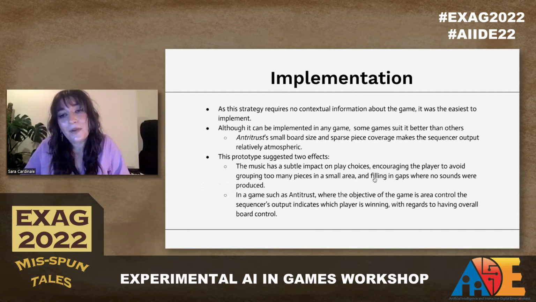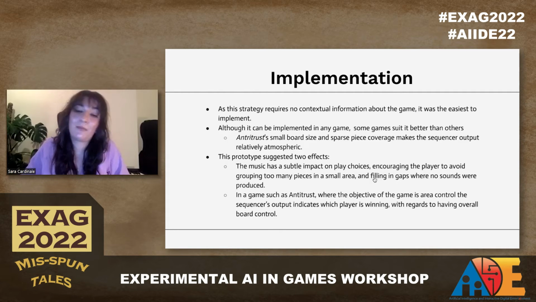The prototype had 2 effects. Firstly, the music has a subtle impact on the play choices, encouraging the player to avoid grouping too many pieces in a small area and filling in gaps where no sound were produced. In the game Antitrust, the objective is to control an area. Using the sonification strategy meant that the output of the sequencer indicates which player is winning.